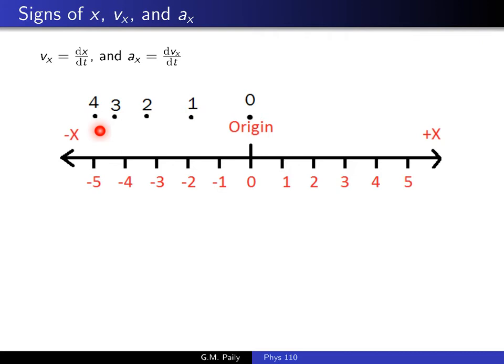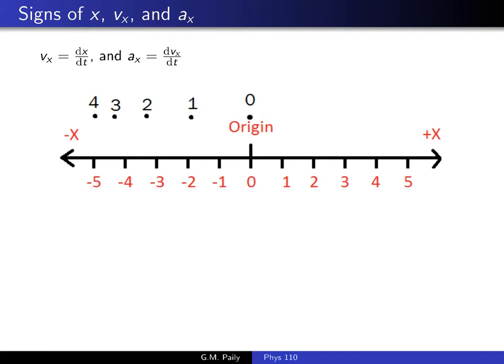So the velocity is becoming less negative. In other words, it is becoming more positive. So as time becomes more positive, the velocity becomes less negative or more positive. But positive over positive, the ratio is positive. And so a_x, the acceleration in the x direction, is positive.